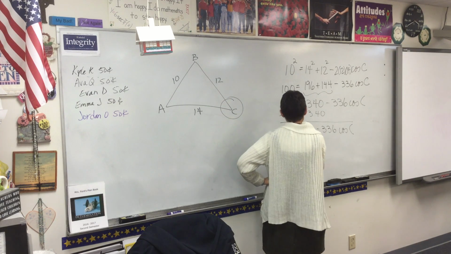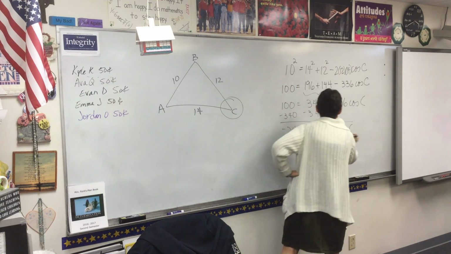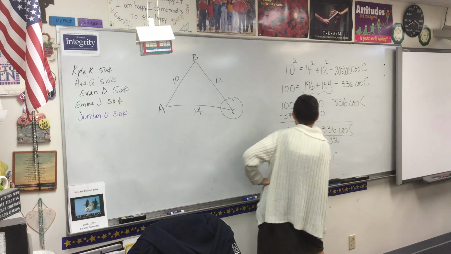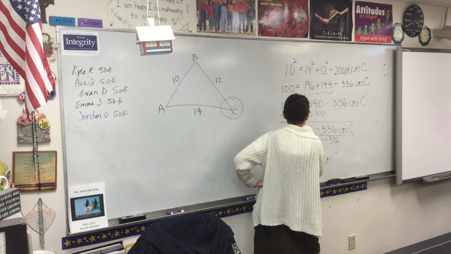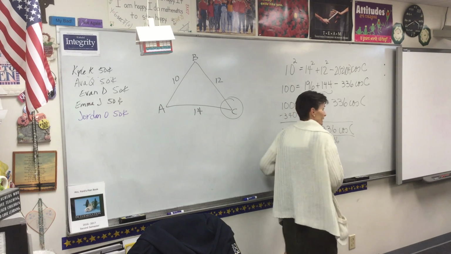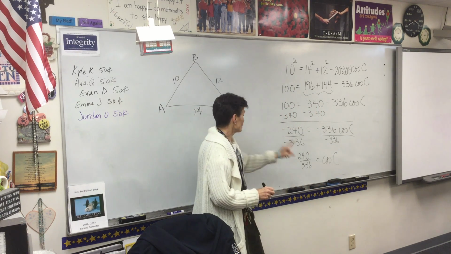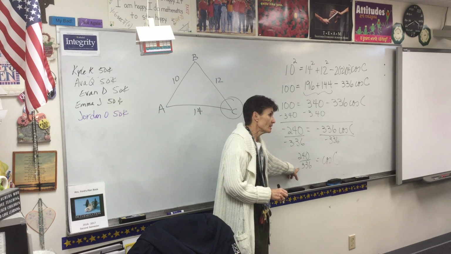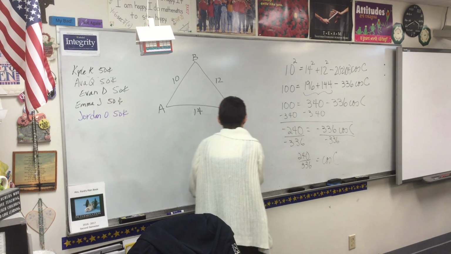Divide by the negative 336. So cosine C equals that fraction. I'll drop the negatives since they're both negative. Now, don't type that in on the calculator. That's not going to give you the right answer. You have to second cosine it.